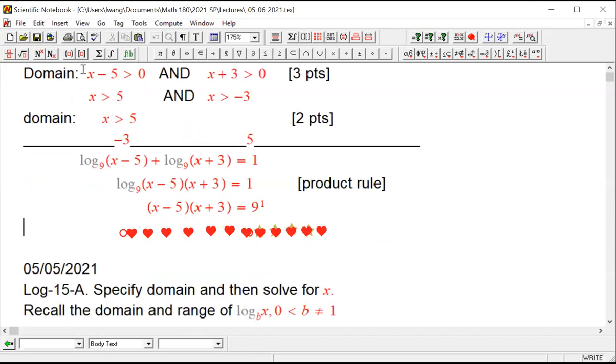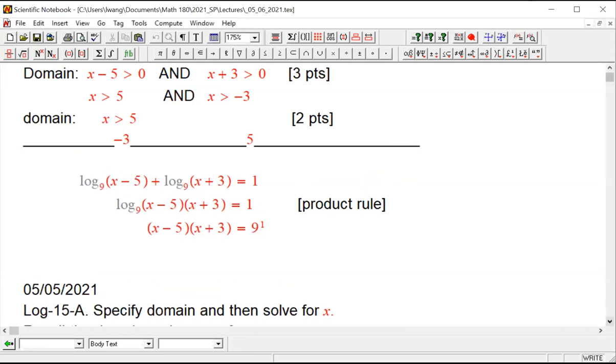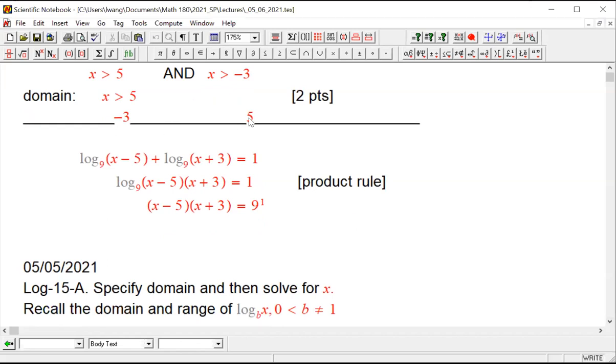So we're going to solve this equation. Let me clean this up a little bit. Do we know how to solve this equation?